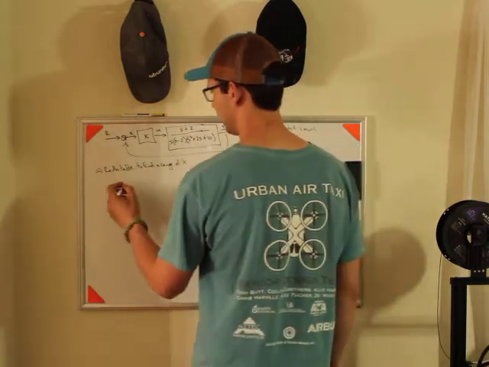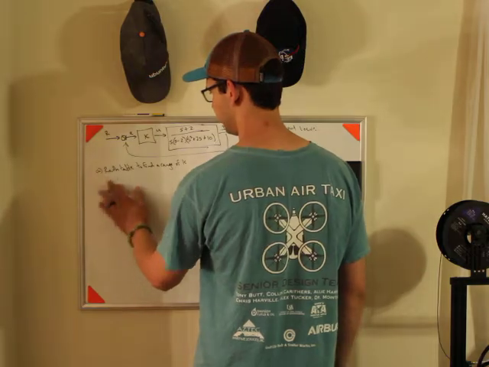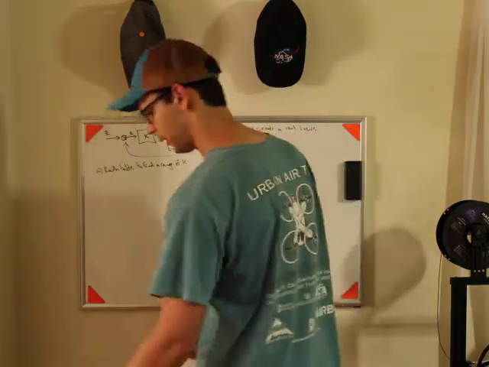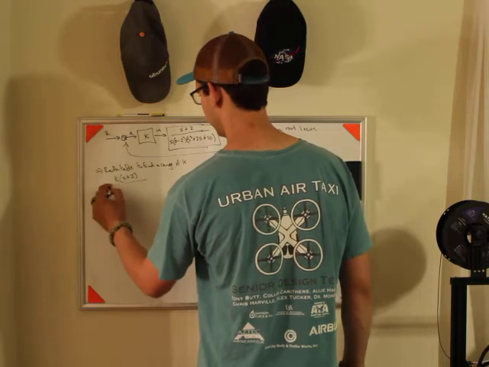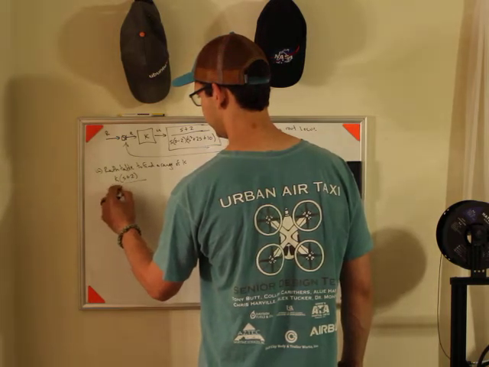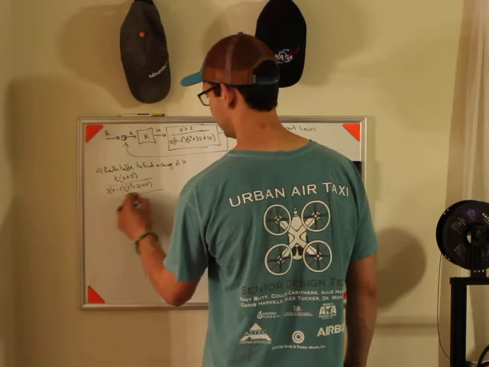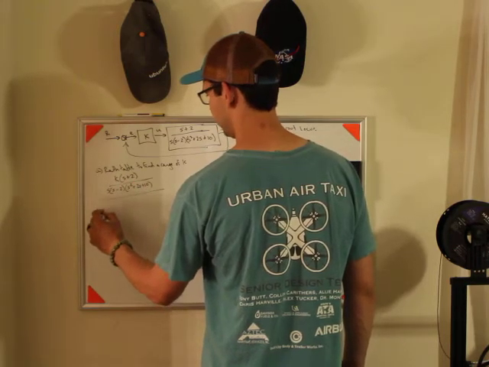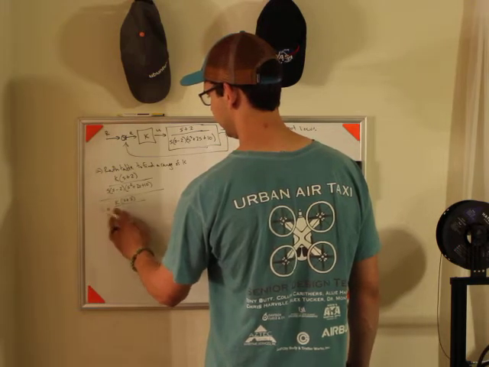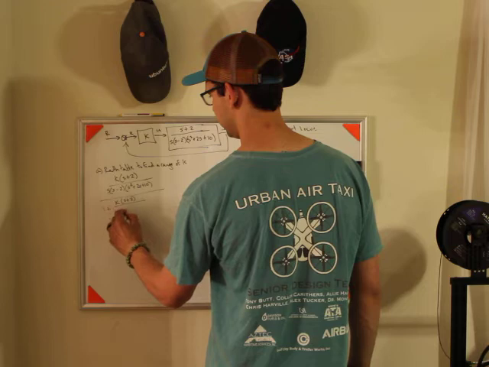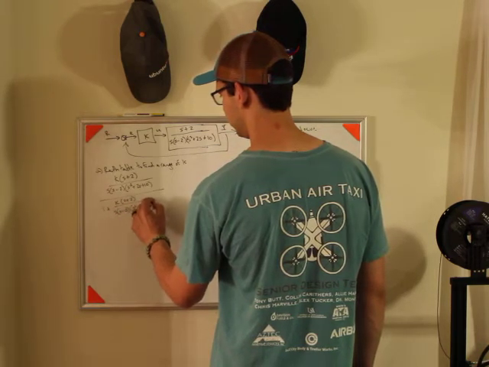All right, so in order to close the loop, you're going to get K, s plus 2 over s minus 2, s squared plus 2s plus 10, all over 1 plus K, s plus 2, s minus 2, s squared plus 2s plus 10.